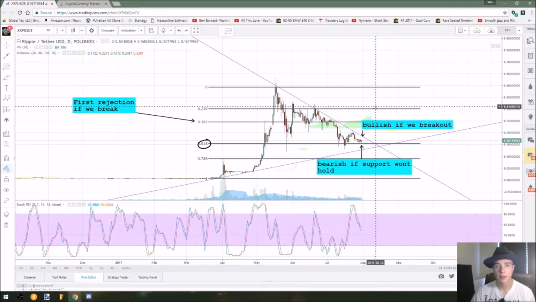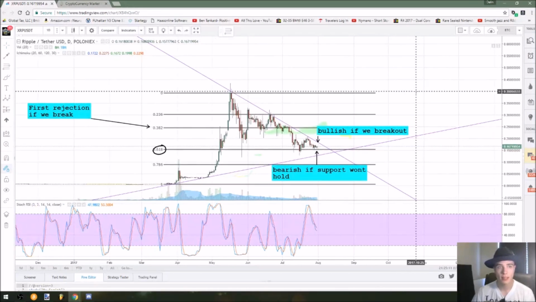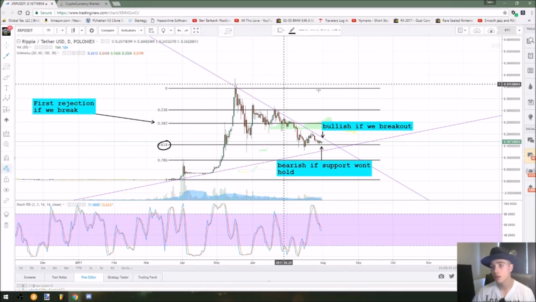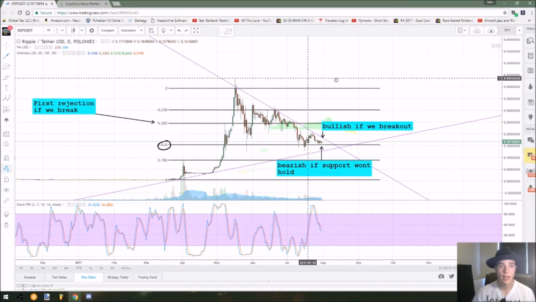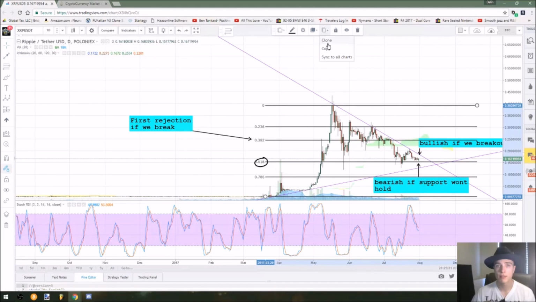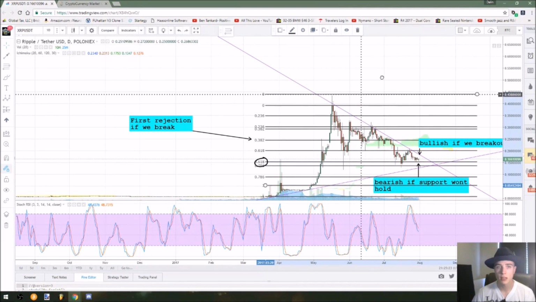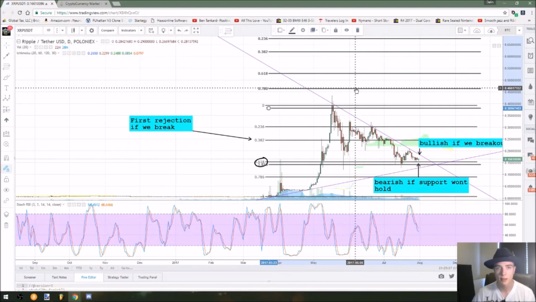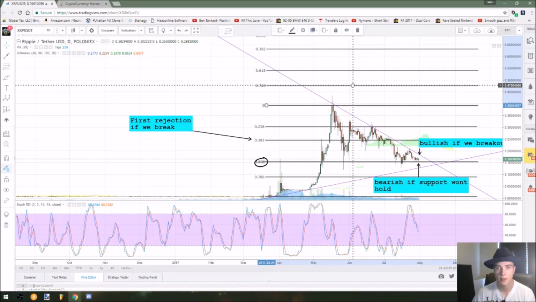But that would be my initial technical analysis on XRP, and if we do break out, I would see this making new all-time highs, in which case, this is my little thing I like to do. Everybody has a different way they find targets, but I just clone and stack my Fibonacci. This is a little method that I personally figured out after trading for a long period of time.